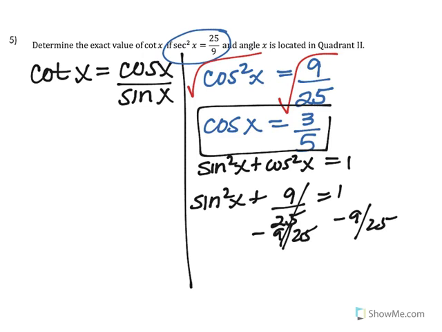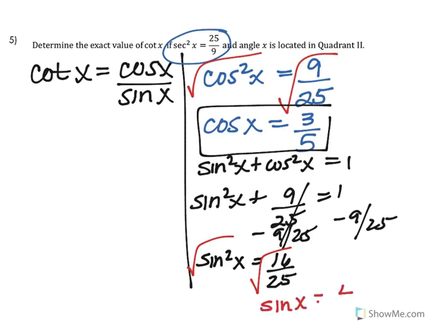So sine squared x plus cosine squared x, which is 9 over 25, equals 1. When I subtract the 9 over 25 to both sides, I wind up with sine squared equals 16 over 25. So I'm going to take the square root of both sides. And now I know that sine of x is equal to 4 over 5.